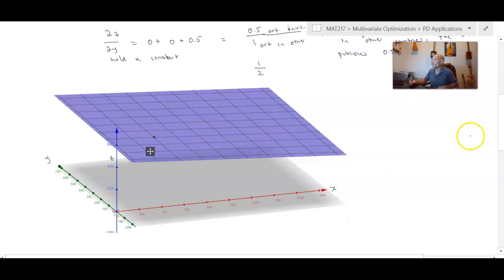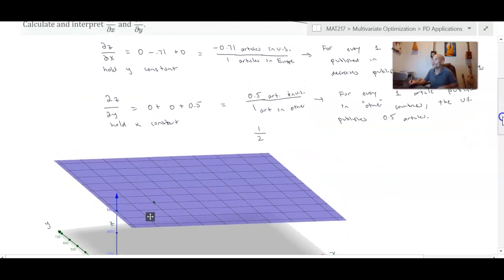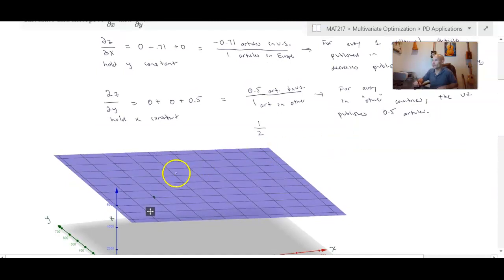And we've already established that for every 1 unit change in the x direction, in other words, in this direction, parallel to the x-axis, if I increase x by 1 unit, I will get a change in z of negative 0.71 units.